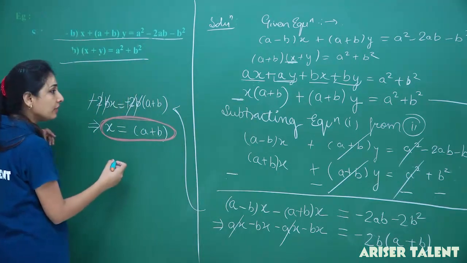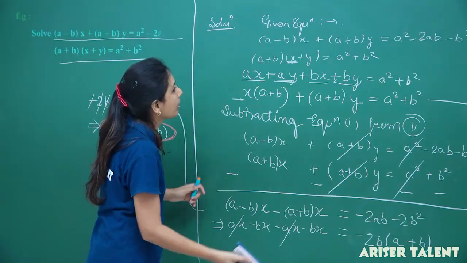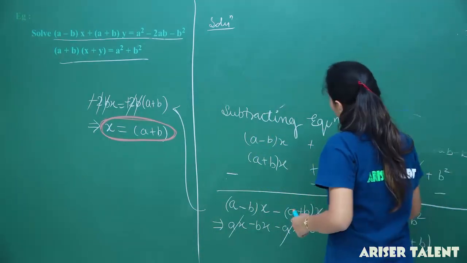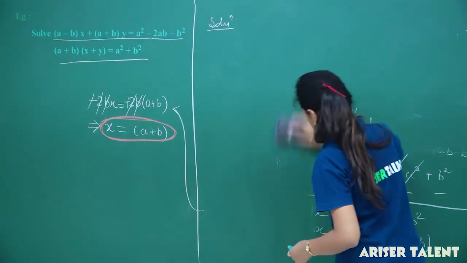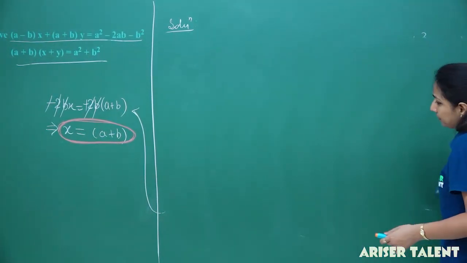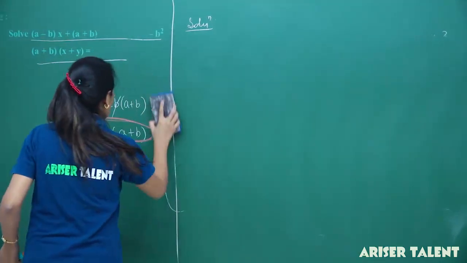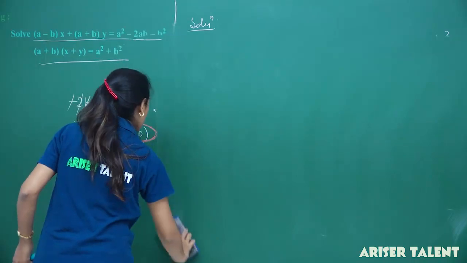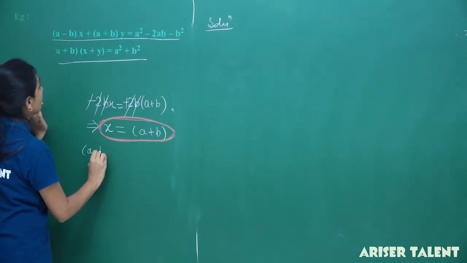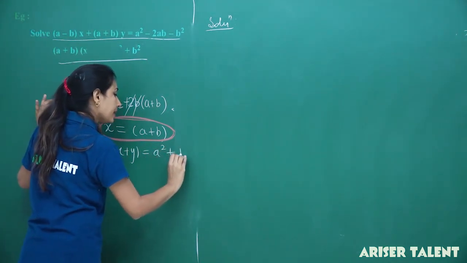Okay, so substituting the value. Now can I just rub this part? So the value of x we have obtained. For the value of y, just pick this equation. Let's suppose (a plus b)x plus y equals a square plus b square.